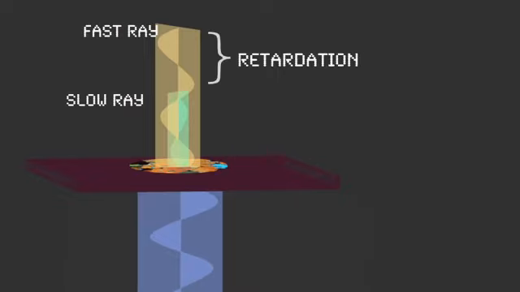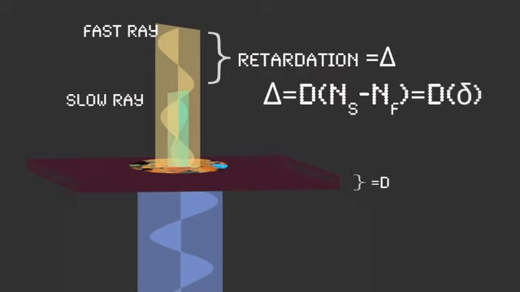These rays vibrate perpendicular to each other with different velocities. Of the two components created, one is a fast ray and the other is a slow ray. The difference between the two rays is called retardation. The amount of retardation is determined by the mineral birefringence and the thickness of the thin section.